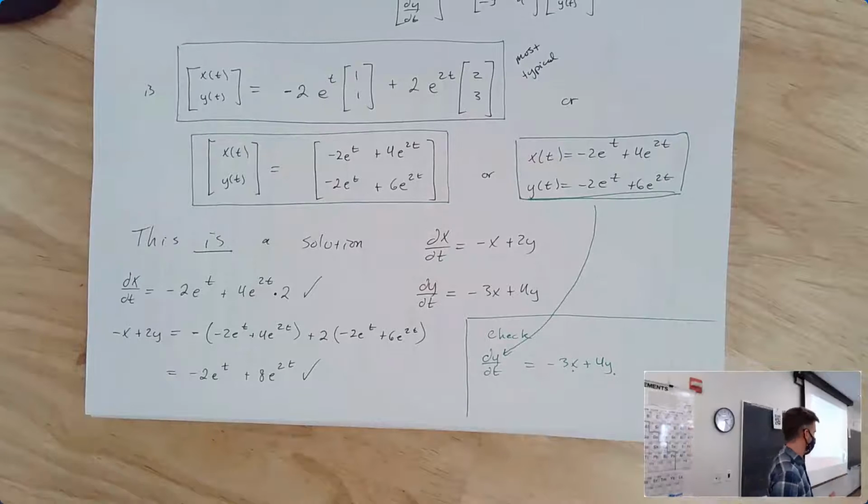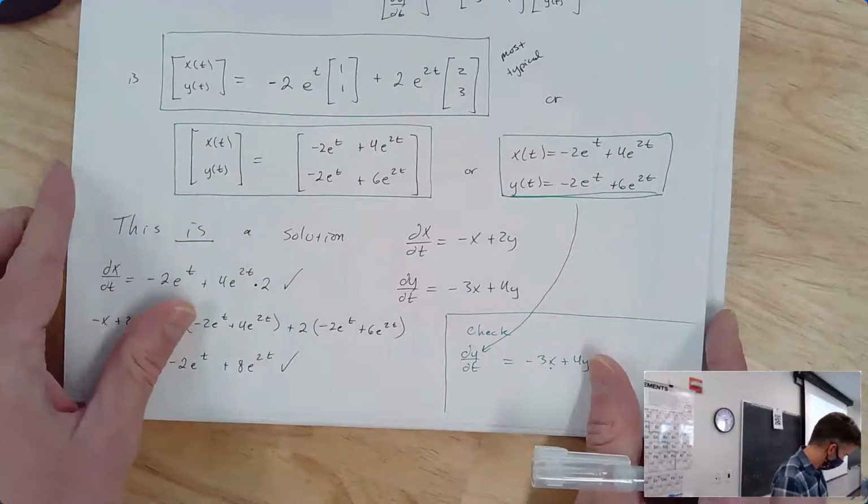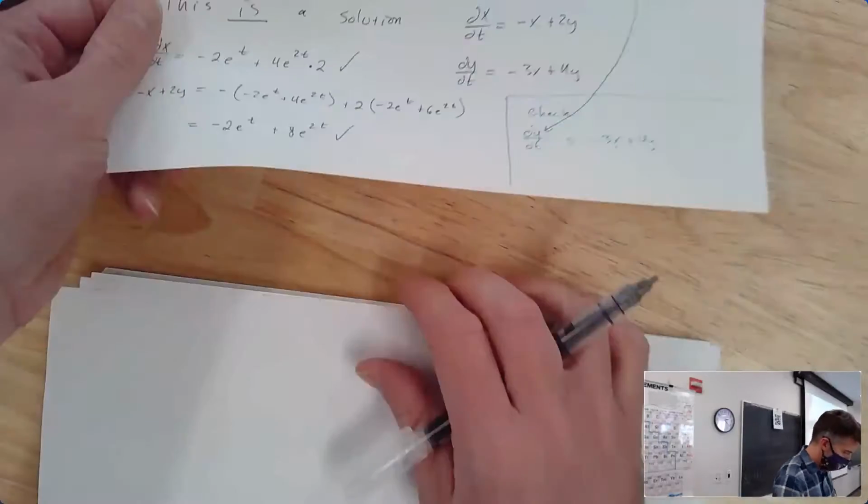Not quite done with this problem. A couple other things to talk about. So often, after we found this solution to our system of linear differential equations, we want to ask, well, what does this mean about the long-term behavior of this system? As time goes on, what's going to happen to the deer and the wolves? Well, that's a good question.